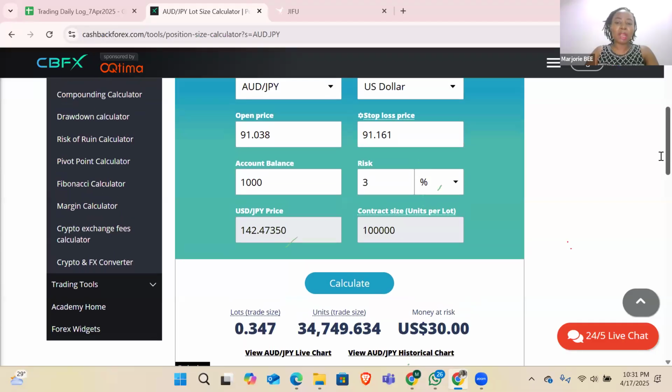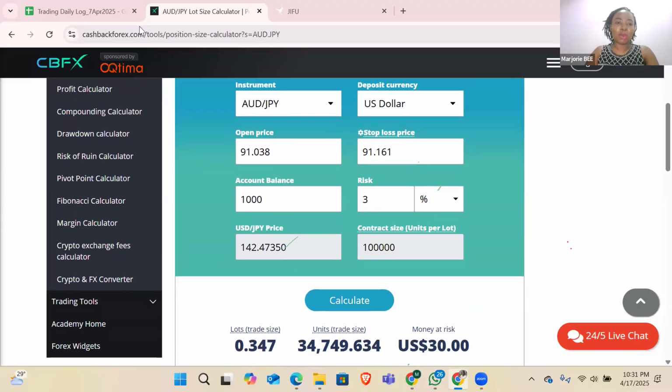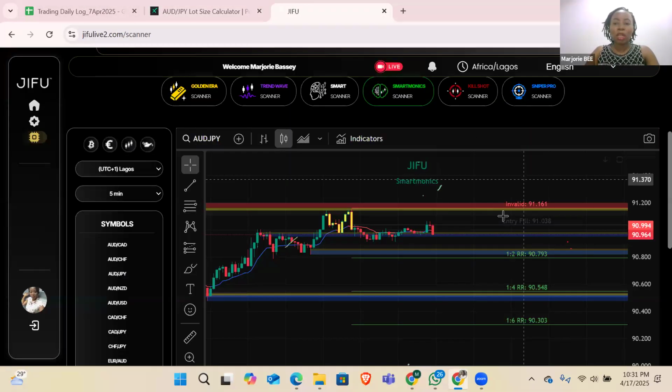It simply means that this $30 you're risking, when this trade idea hits TP1, you're making $60 back. If it hits TP4, that's $30 times 4, you're making $120. If it hits TP6, 30 times 6, that's $180 on a single trade.